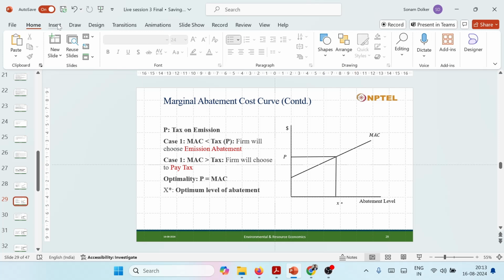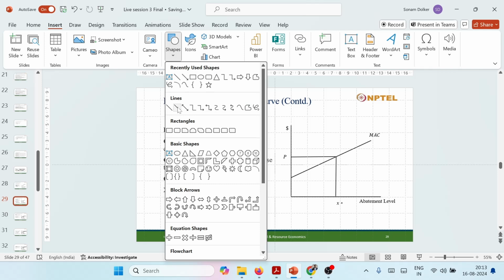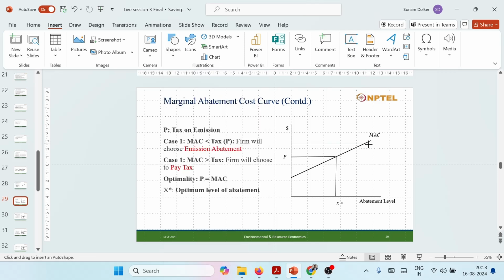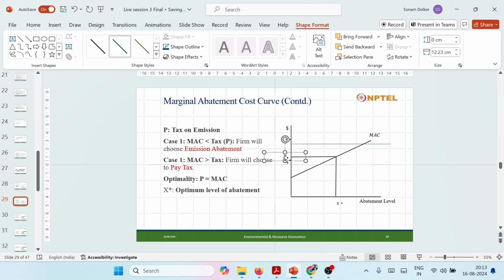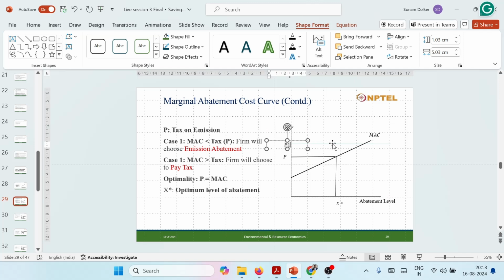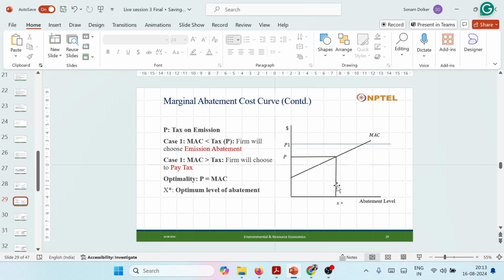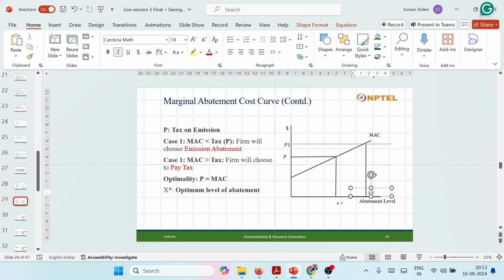So this is my new tax. I increase my tax from P1 to P2, with P2 higher than P1. Then my optimal level of abatement will be this much. From X star I get X1 star. I hope I'm clear.